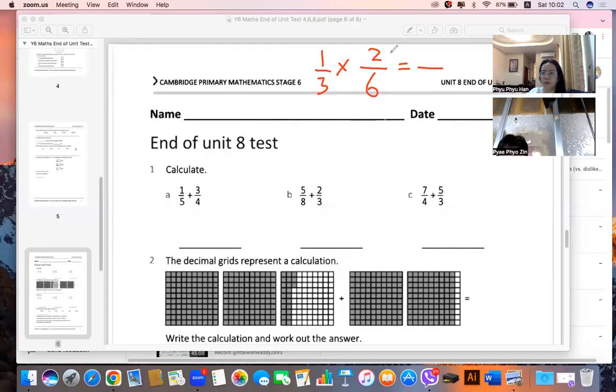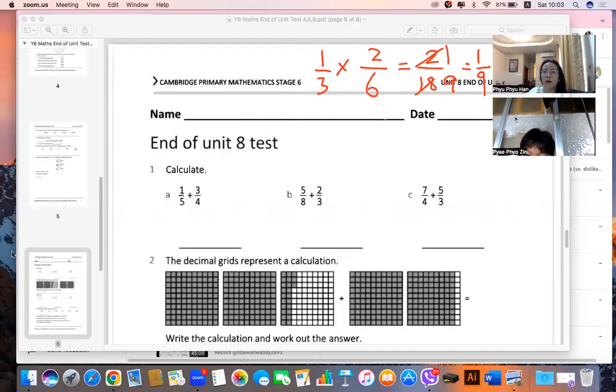So 1 times 2 is 2, and 3 times 6 is 18. So 2 by 18, which is 1 by 9. For multiplication, you just multiply the numerator with the numerator, and the denominator with the denominator.